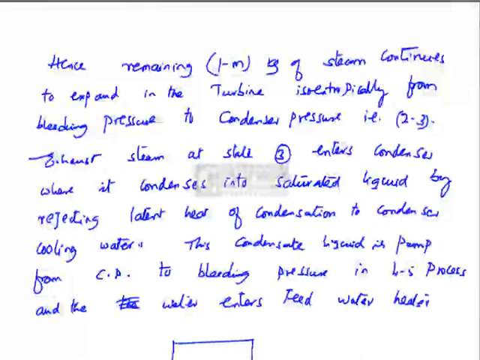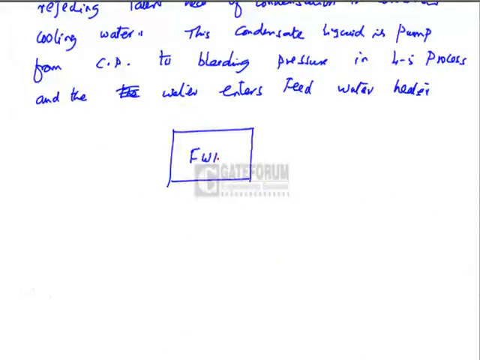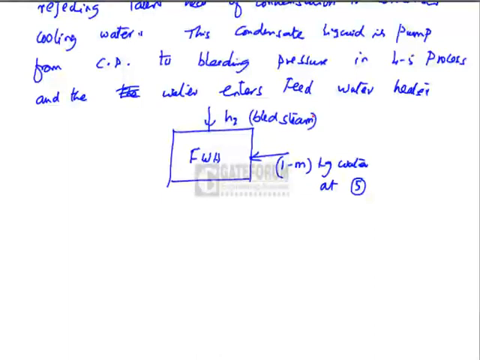Now let us indicate the feed water heater. This is 1 minus m kg of water at state 5, and from the other side it is bled steam at enthalpy H2, that is m kg.